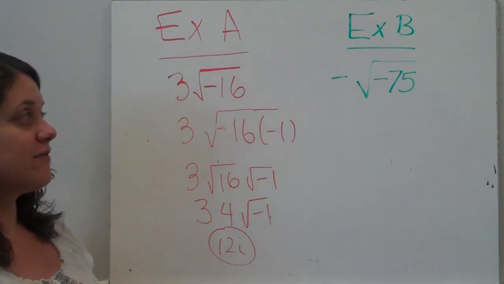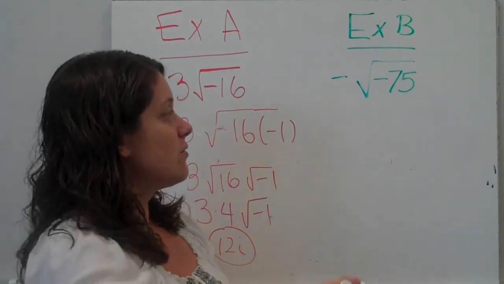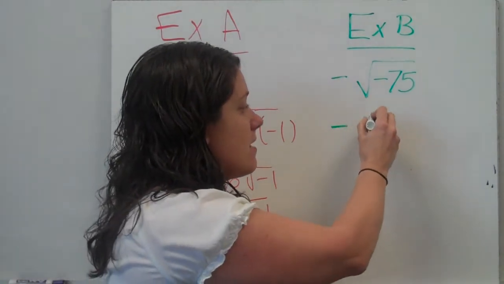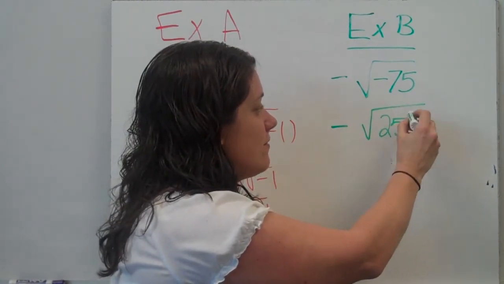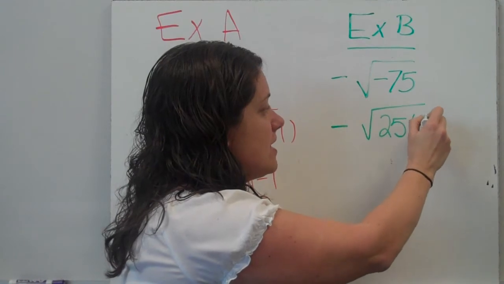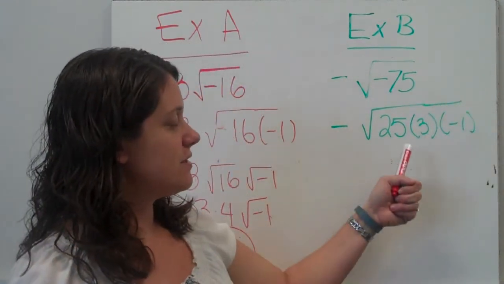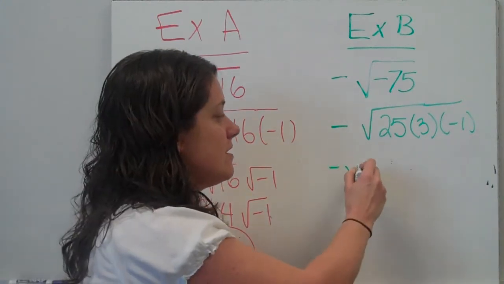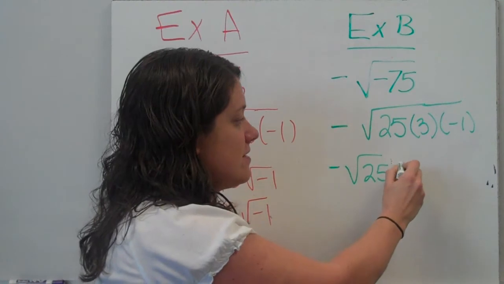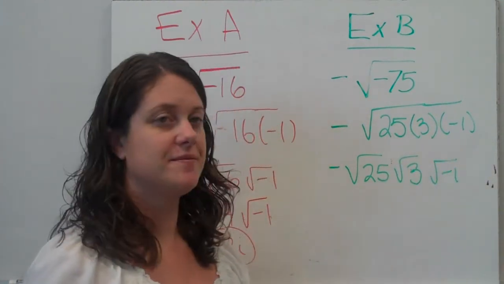All right, so let's try to simplify this second one here. So we have this negative symbol outside of here. So we're going to leave that out of there. And then I'm going to split this up into 25 times 3 times -1. Okay, so I've split it into its factors. I'm going to use the product property to write that out. So square root of 25 times the square root of 3 times the square root of -1.